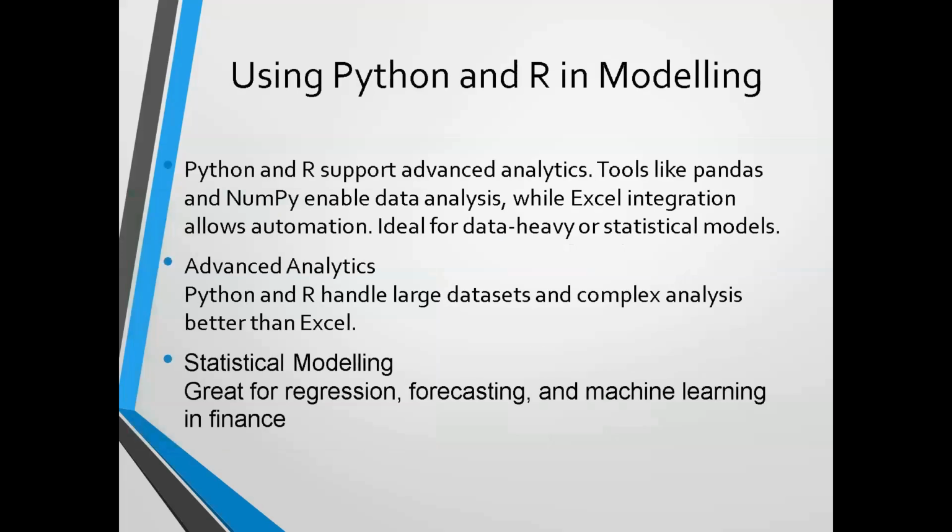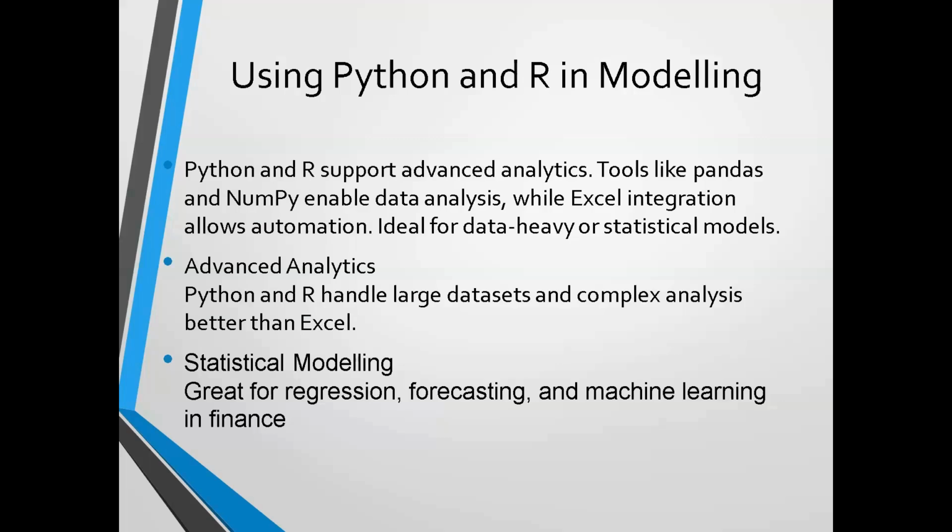Using Python and R in modeling. Python and R support advanced analytics. Tools like Pandas and NumPy enable data analysis, while Excel integration allows automation, ideal for data-heavy or statistical models. Advanced analytics: Python and R handle large datasets and complex analysis better than Excel.